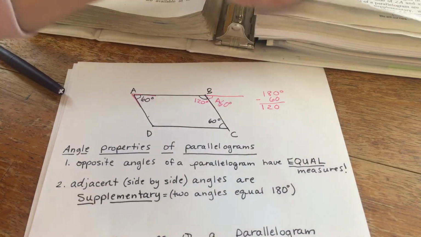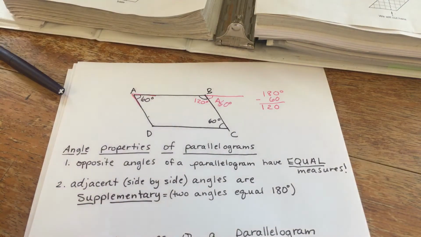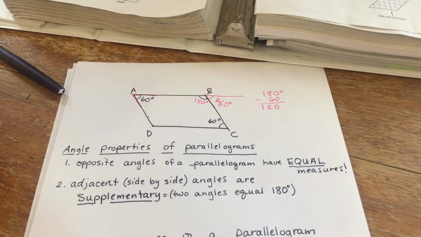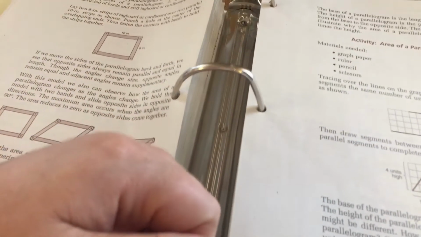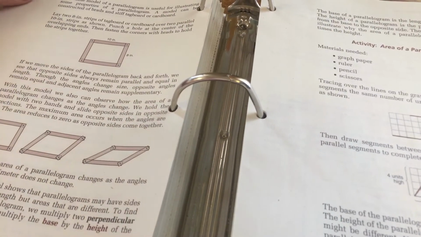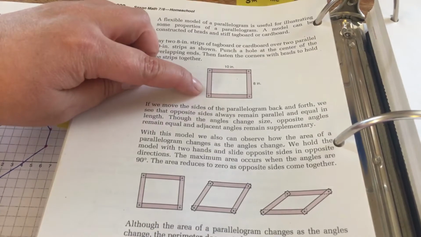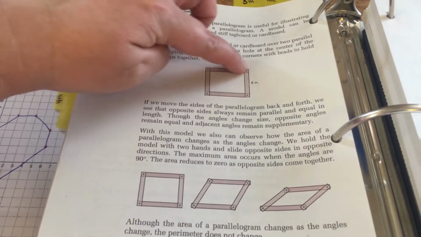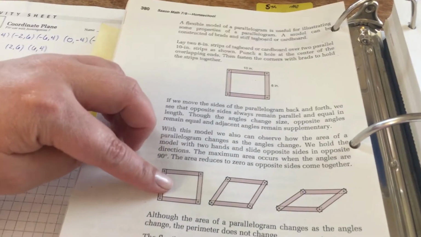It just proves our point. We'll go to the next page. The next page has a little flexible model of a parallelogram that you could make. Let's see if I can bring it to you. It's telling you that even if you have a square and you tilt it, it's going to have the same perimeter.